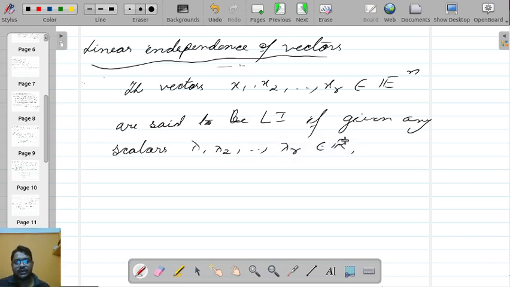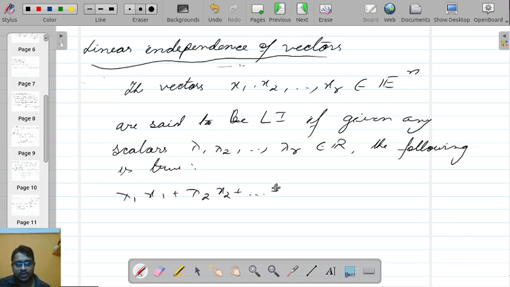in R, the following is true. What is true? Lambda 1 x1 plus lambda 2 x2 plus lambda r xr equal to 0 implies lambda 1 equal to lambda 2 equal to up to lambda r equal to 0.